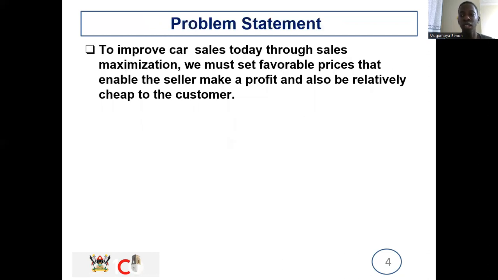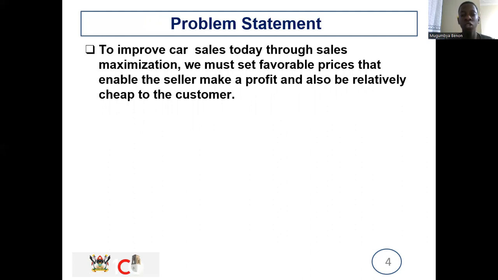So to begin with, for us to have a solution, we are supposed to have a problem, and hence we have a problem statement, basically what we want to solve. Our problem statement is to improve car sales today through sales maximization. So basically what we want to do is to improve our car sales.